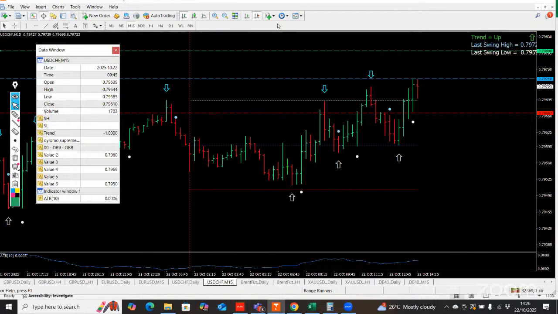So just give me a minute or two. Let me talk you through this. I'm going to place this on the other one there. So on dollar Swiss, let me see if I can find it. Dollar Swiss signal.